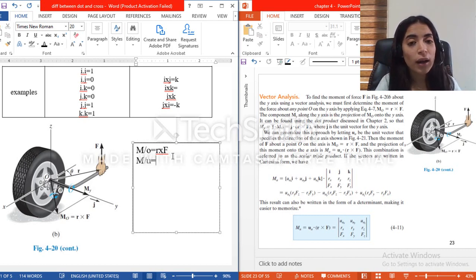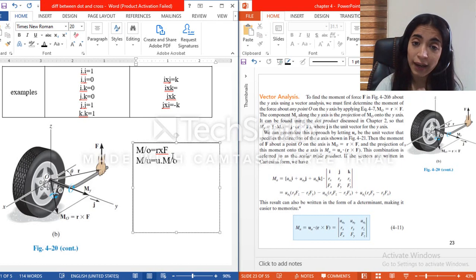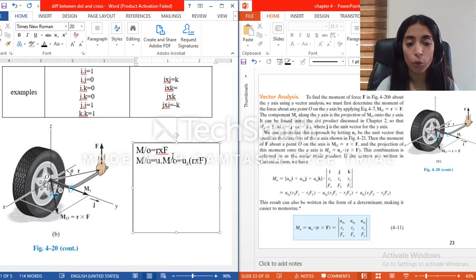So this is equal to what? It is basically equal to the dot product of u and MO. So the dot product is used to find the projection of any vector on a unit vector by doing u dot this vector. So here I need to find the projection of MO on what? On u. So I need to do u dot MO. And this is equal to what? It is equal to u dot the cross product R cross F by doing the substitution of MO.